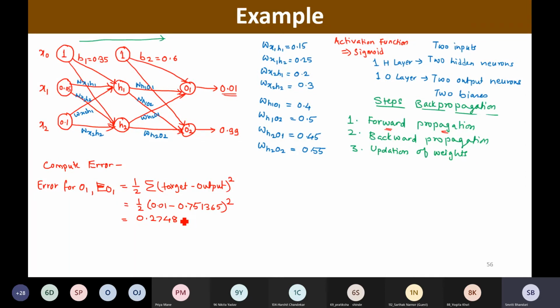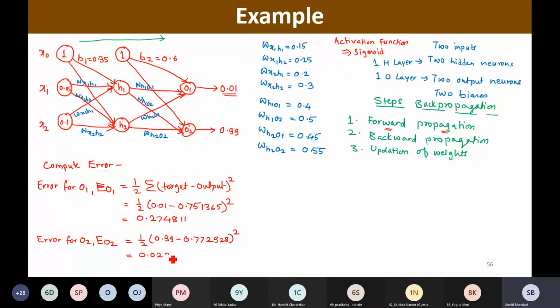Similarly, we are computing error for O2, and it is denoted as EO2. So it is half 0.99 minus 0.772928 whole square, and it comes out to be 0.02356002, right?